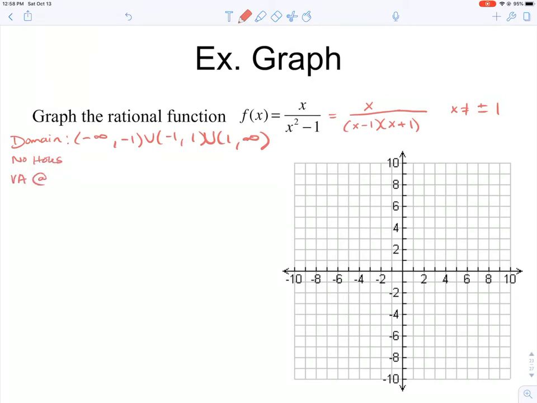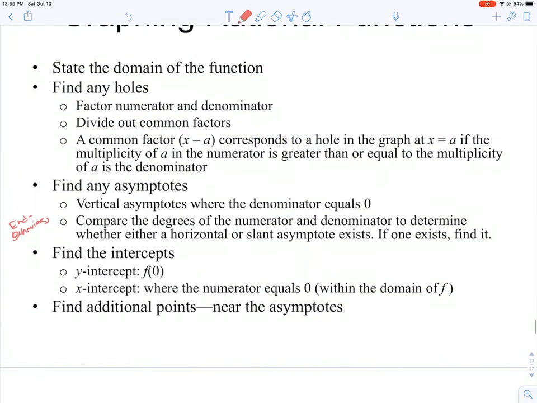But we do have vertical asymptotes at x equals negative 1 and x equals positive 1. So I'm going to go ahead and sketch those. Please label them. I use a dashed line to draw the vertical asymptote.